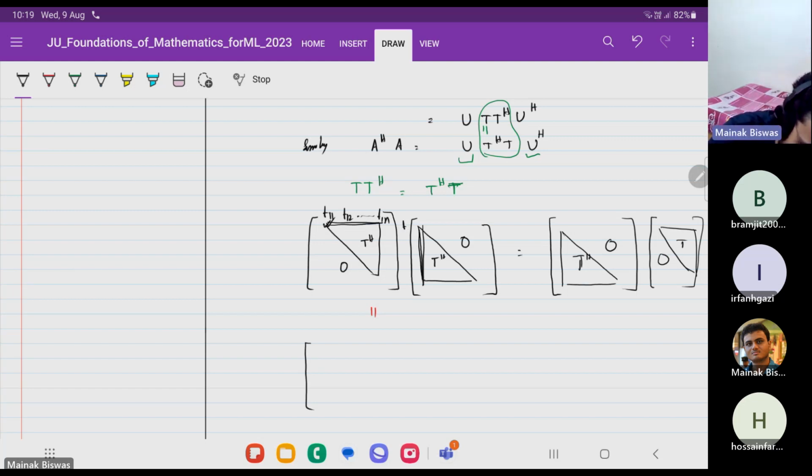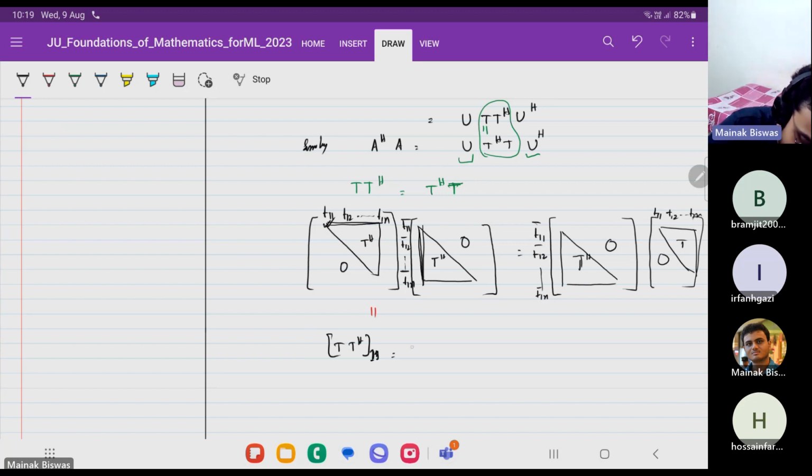Similarly, you have T11, T12, T1n because it's a Hermitian, right? Yes. Stop me if it is not clear. So T11, T12, T1n, T11, T12, T1n.